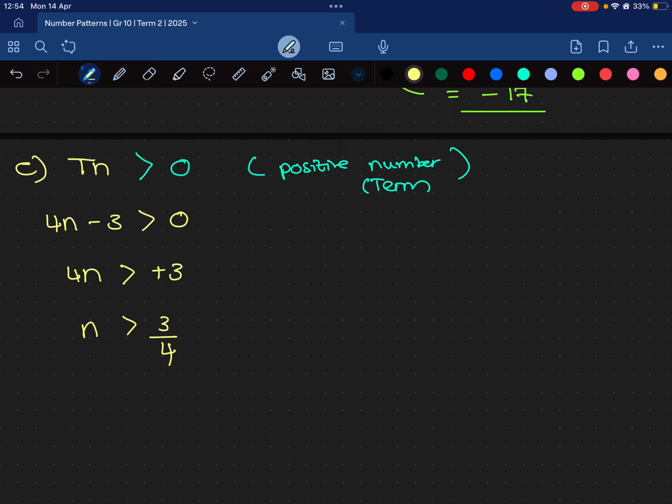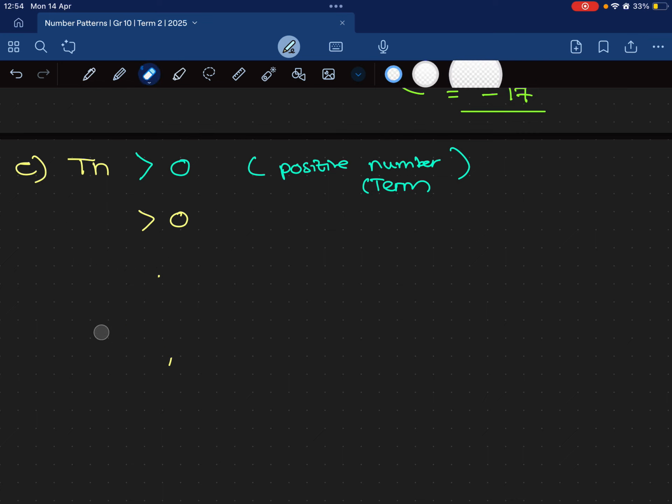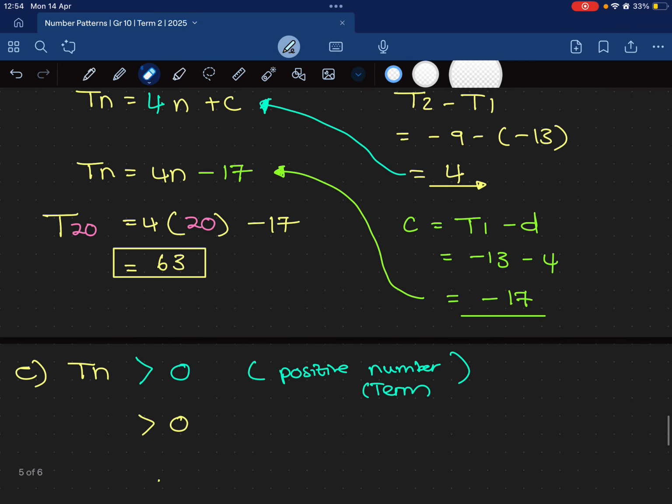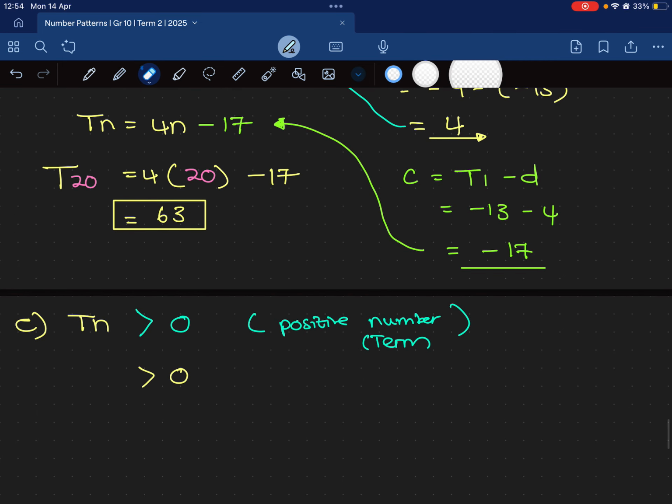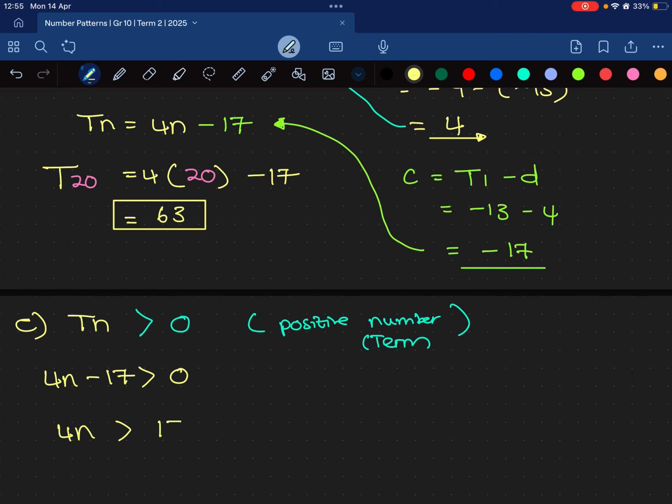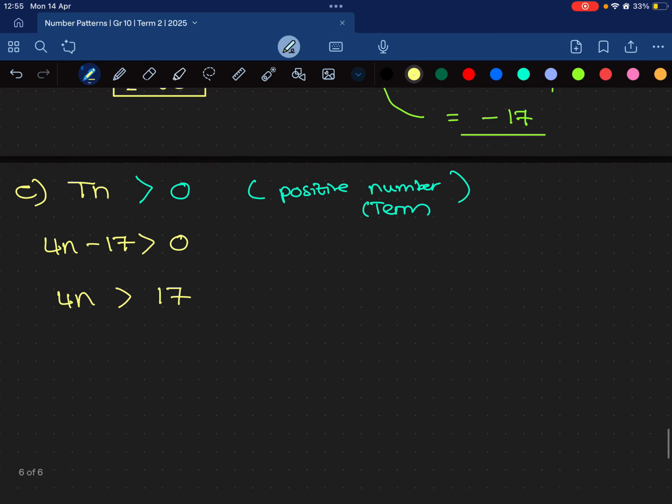Now remember, we can't have... Sorry, I don't know where I got these values from. So the pattern is 4n minus 17. Sorry, I don't know where I got 3 from. So it will be 4n is positive 17. So then n is going to be greater than 17 over 4.